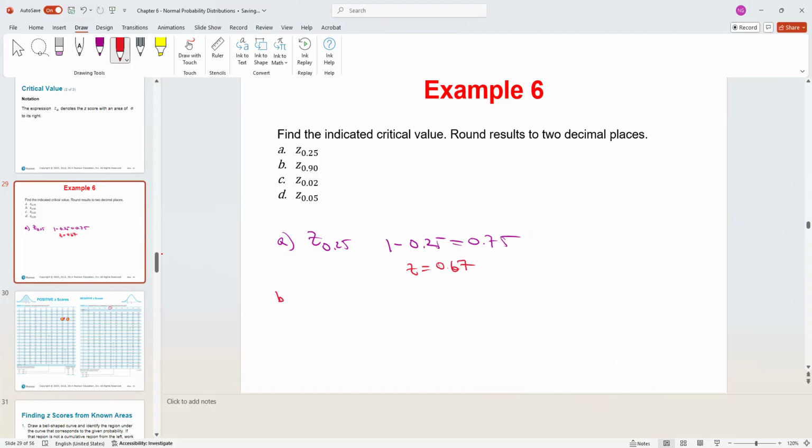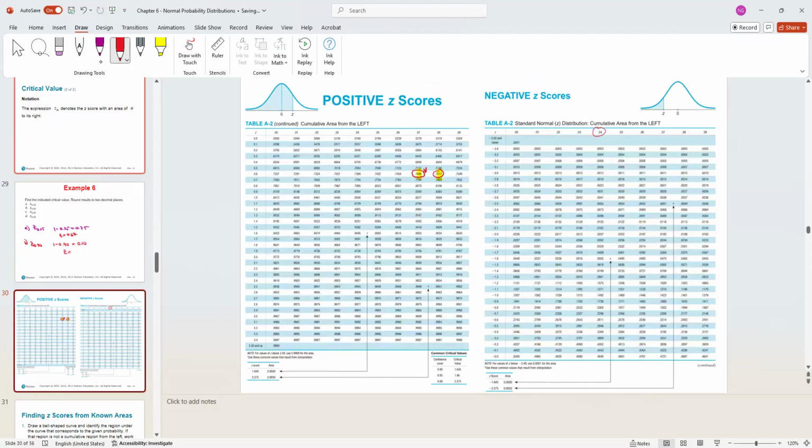If you do z of 0.90, that means you do 1 minus 0.90, that's 0.10. Now, what z corresponds to 0.10? Again, here, we're going to go to the negative side of z. We do 0.10.